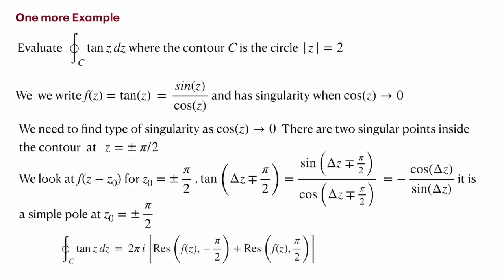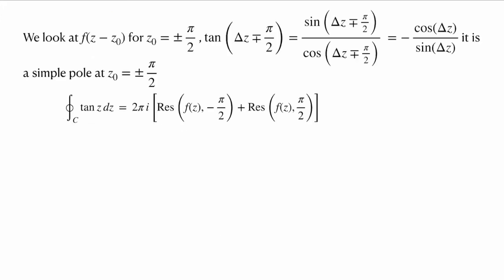Using this equation itself, we can compute them. We already have indirectly found it. You can multiply it by delta z and simply take the limit delta z going to 0. Delta z is our z minus z naught, and we see that we get the residue as minus 1 for both these values.